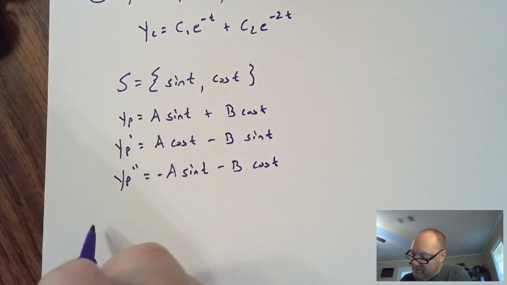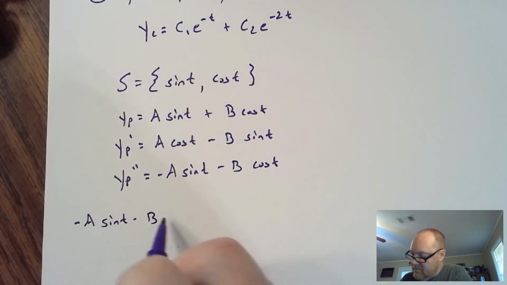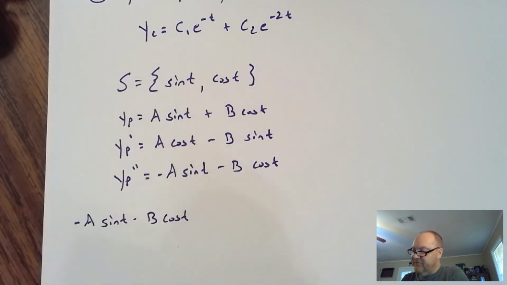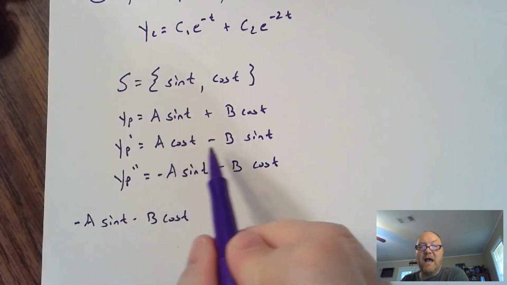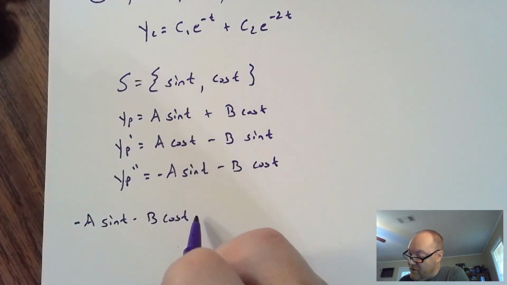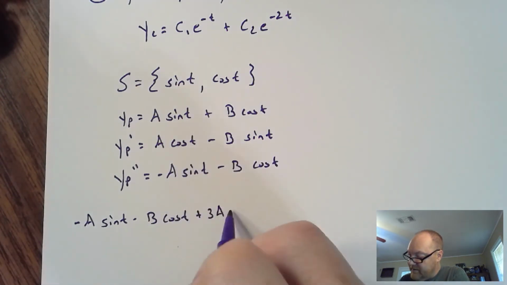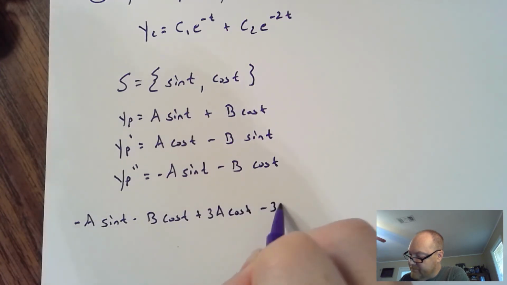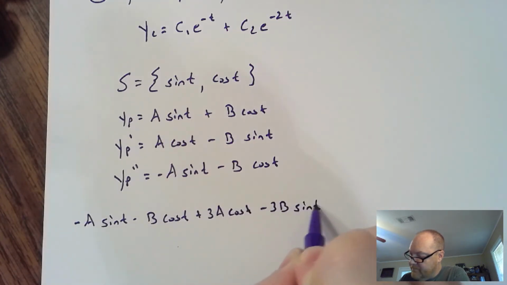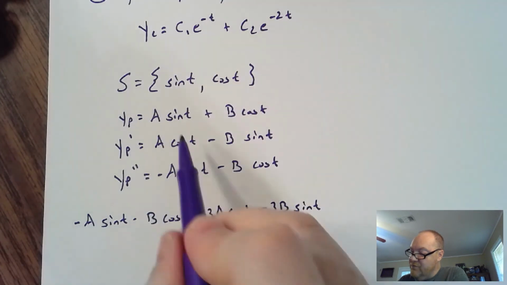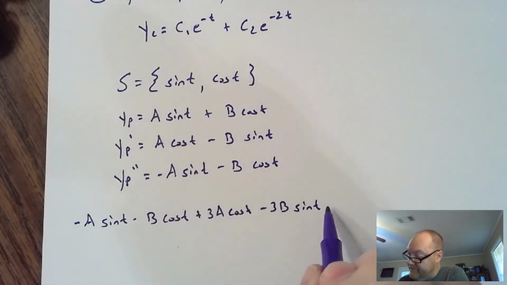So I have y double prime, plus 3 times y prime, and I'm going to do that multiplication as I go. So plus 3 times y prime, and plus 2 times y.